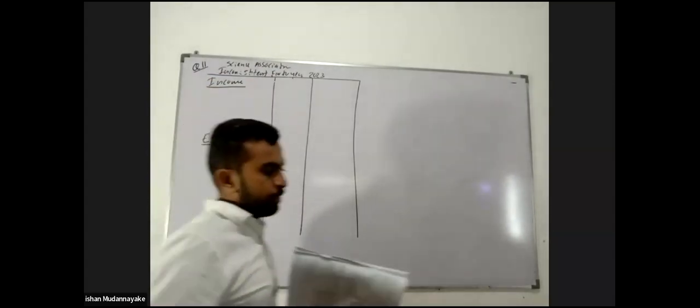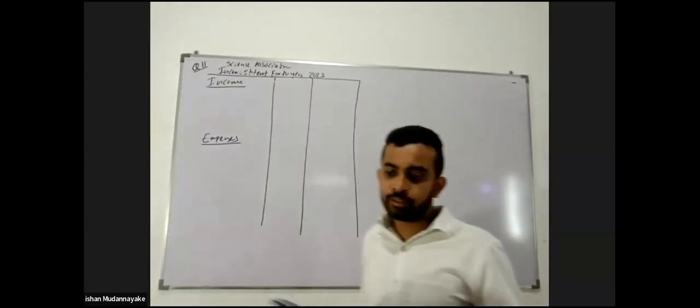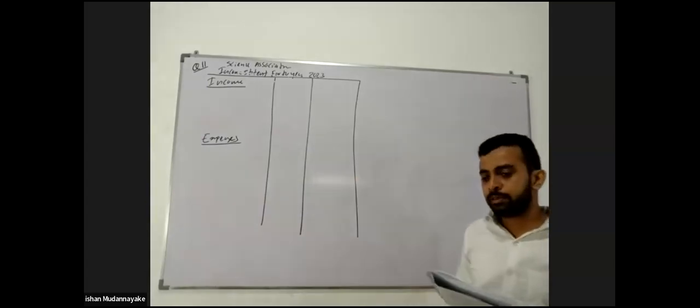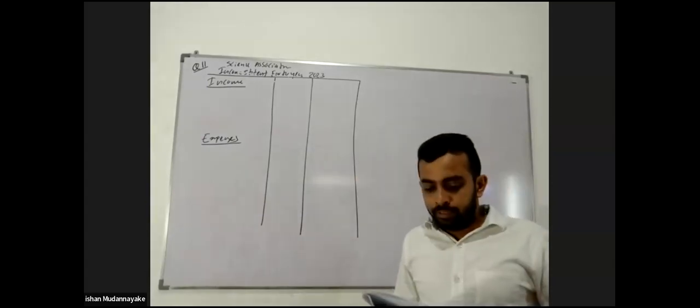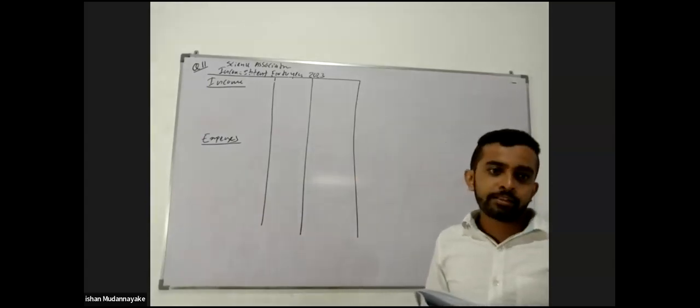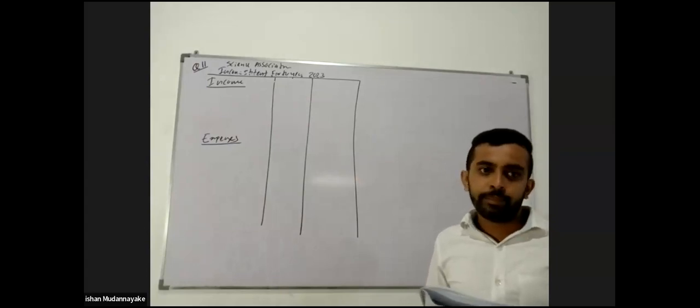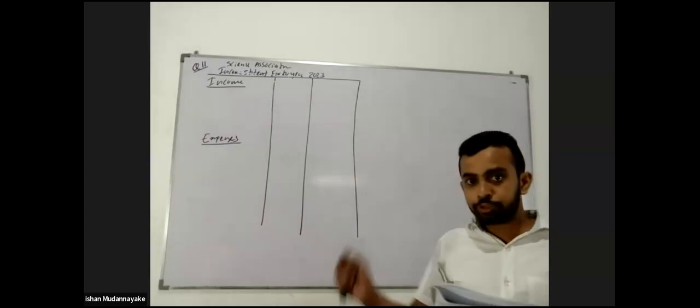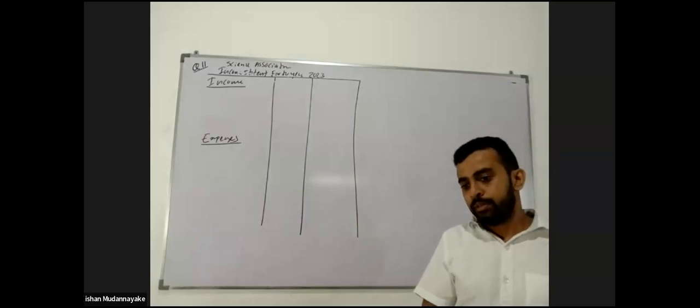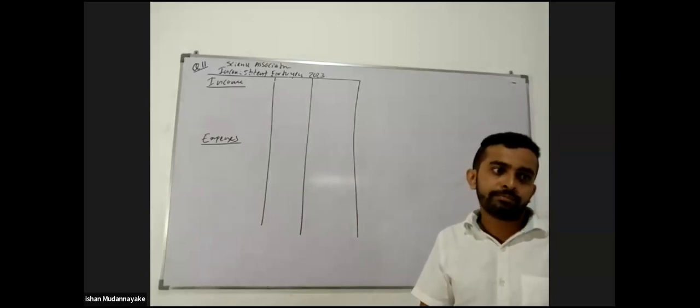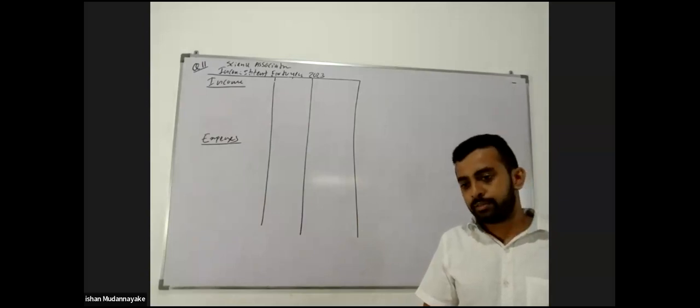My target is to start papers next month onwards, December onwards, to start our paper class. After starting the paper class, I'm going to reduce your class fees also. Later I will inform you of the situation of the class fees.